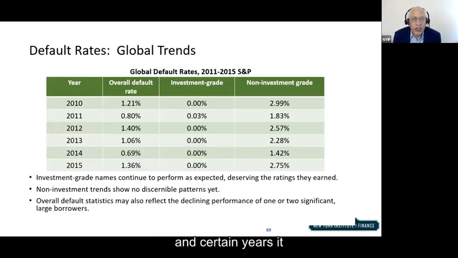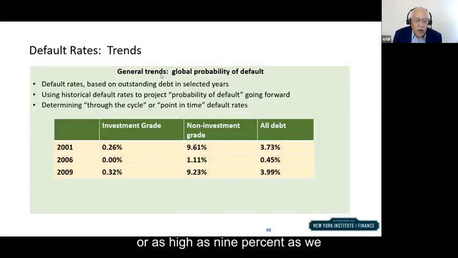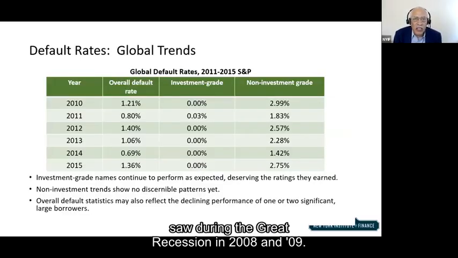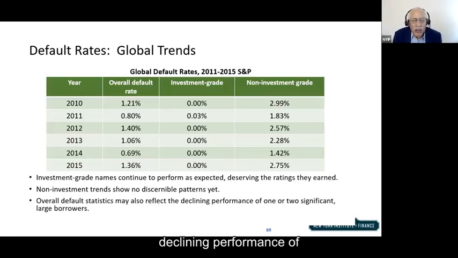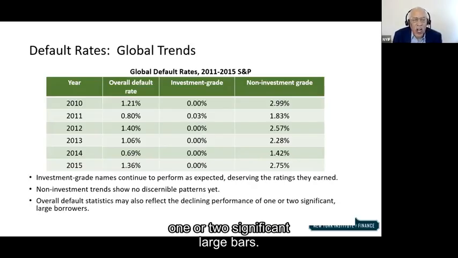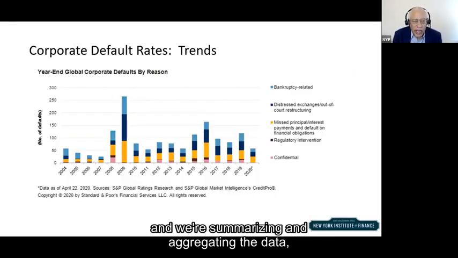In certain years, it could be as high as 0.03%, as you see here, or as high as 9%, as we saw during the Great Recession in 2008 and 2009. So overall default statistics may also reflect declining performance of one or two significant large borrowers. What I'm saying here is we're looking at data, we're looking at charts, and we're summarizing and aggregating the data.